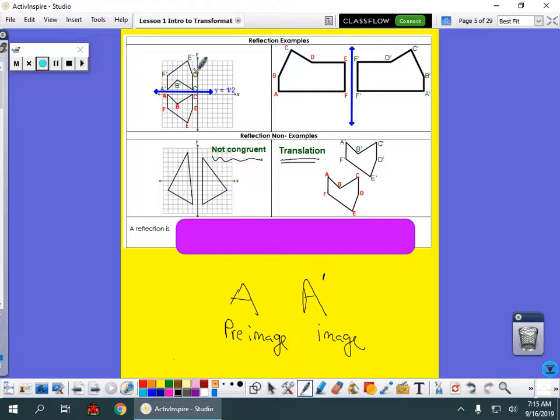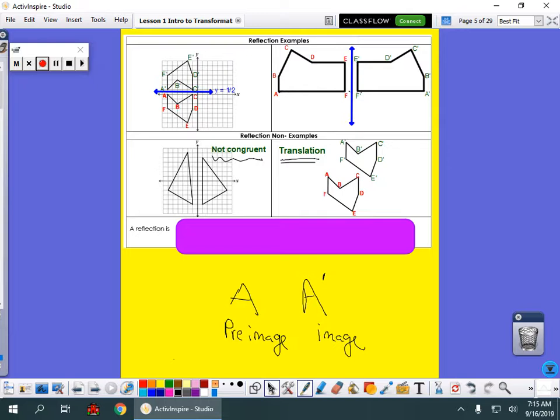Every point reflects over a line, and it's important that we're identifying that line. We're going to do some fun stuff with that in the future. But notice anything that was close to the line is still close to the line. It's just on the other side. Here it's far from the line, it's still far from the line, just farther away on the other side.